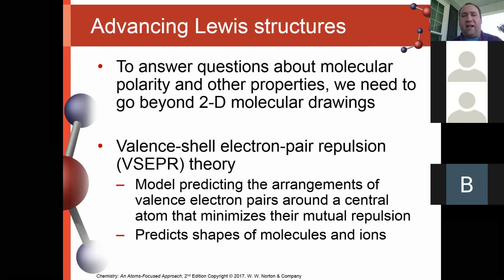And so that's what we're talking about when we see this line here, minimizing mutual repulsion. We're going to get those bonds as far apart from each other as possible in that three-dimensional space, so that they minimize their repulsion. They do not push against each other as much as they can. And this is the theory that ultimately helps us to predict the shapes of molecules, the shapes of ions, and from their shapes, we can learn some more about their other properties as well.